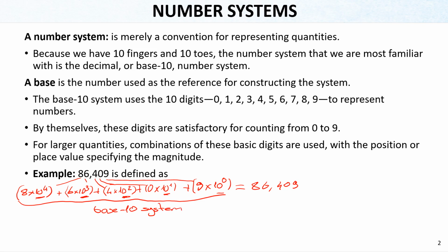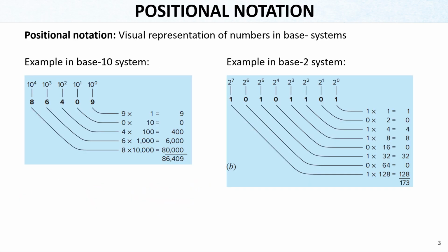With this in mind, we can continue on defining the base 2 system, which is used in computers. Here you can see the base 10 example we showed in the previous slide. With the summation, we will have the number in base 10.